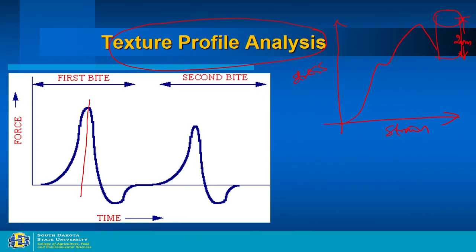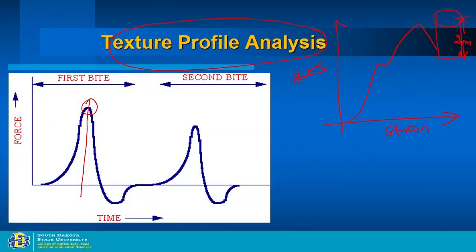All we are doing is monitoring force with respect to time, and we are trying to mimic what the consumer may do, just as if they are slowly biting, let it go, bite, let it go like that. But that is not actually happening.